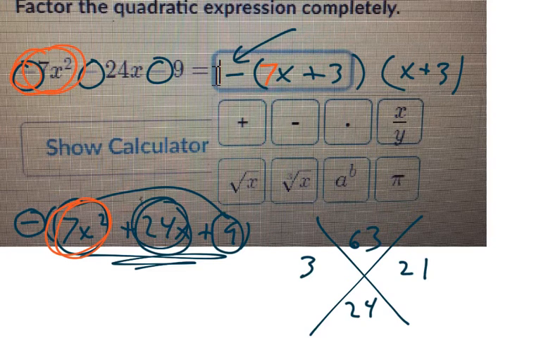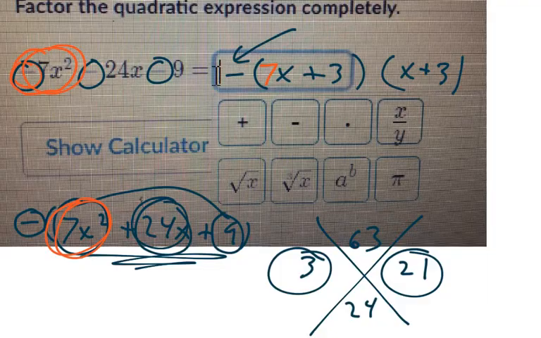All right? Now, how do you get this? 3 times 21. For most of you, you're going to want to use your calculator. Just keep dividing until you find 3 times 21. And I've shown that to you many times in class, guys, so you better know how to do that. All right, let's go on to the next one.